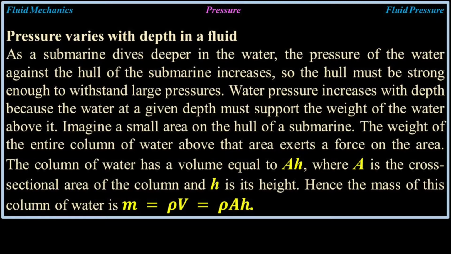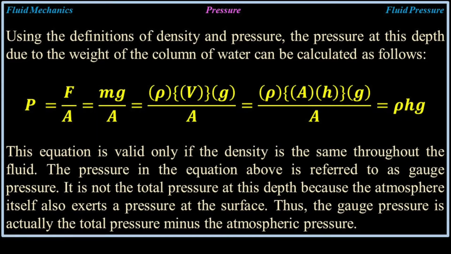Hence, the mass of this column of water is M equals rho V equals rho A H.